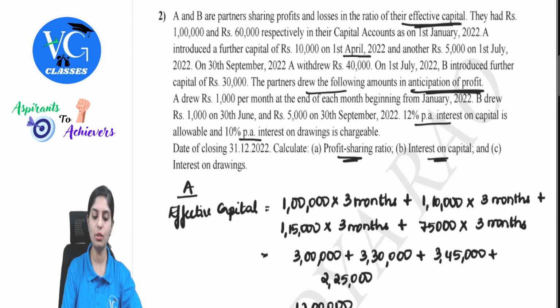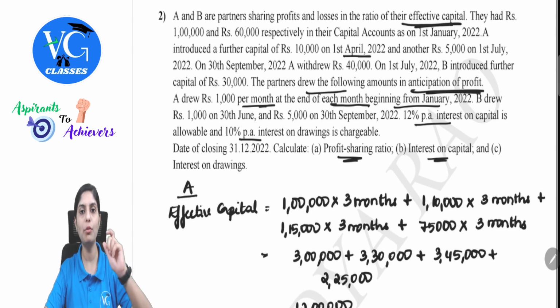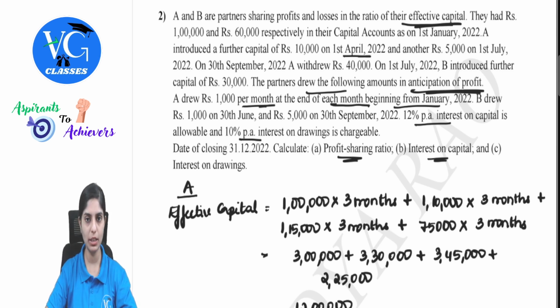B drew 1,000 on 30th June and 5,000 on 30th September. 12% is interest on capital, 10% is interest on drawings. By reading, you should be able to connect to the points what we observed. A drew 1,000 per month at the end of each month beginning from Jan. Don't you think this wordings is uniform amount drawn at regular equal intervals? So which method? Average period method.